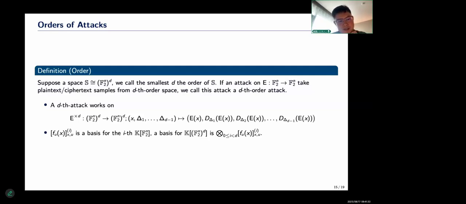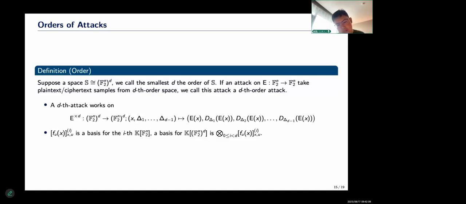If an attack takes plaintext and ciphertext samples from a D-th order space, then we call this attack a D-th order attack. In a D-th order attack, we will actually consider the samples in this way. The input will be the first value, and the difference between the first value and each value after. And the output is also the output value and the output difference between the first value and the values afterwards.